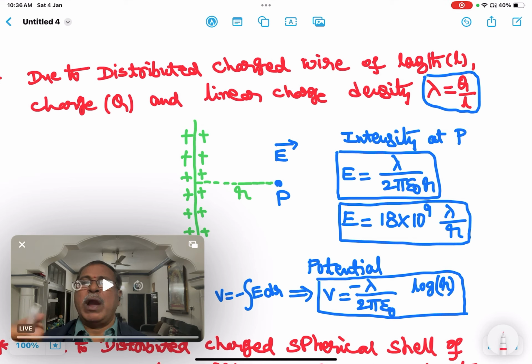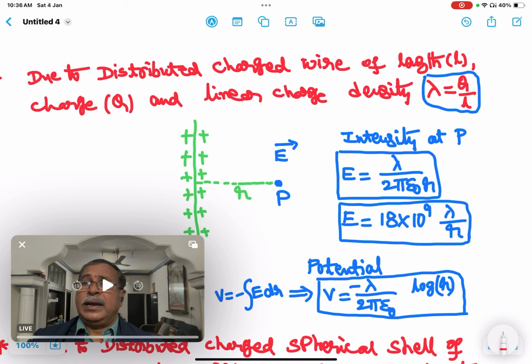Now we are considering a wire having charge Q, length L, and linear charge density. Linear charge density means charge by length, that is, charge per unit length of the wire. So lambda means linear charge density. They will give that value in the question in the examination.